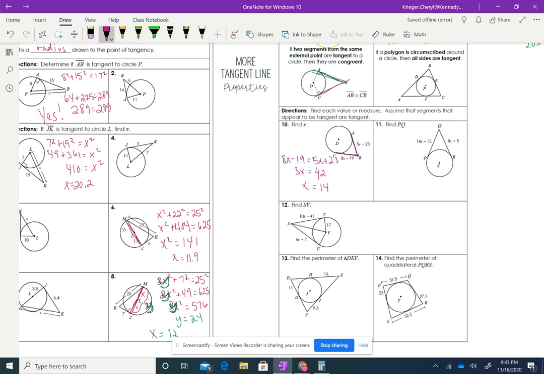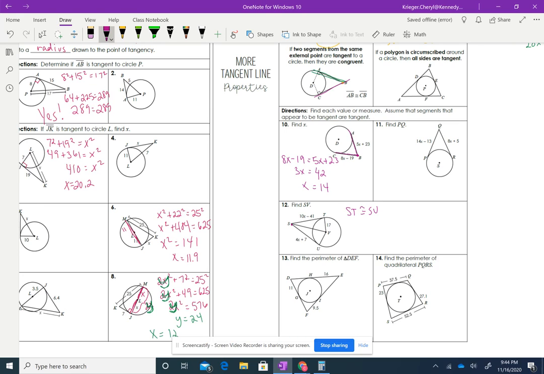So it looks like in number 12, we have a shared external point, S, and two congruent tangent lines. ST and SU are congruent. I could solve for x and plug it into Pythagorean's theorem to find SV.